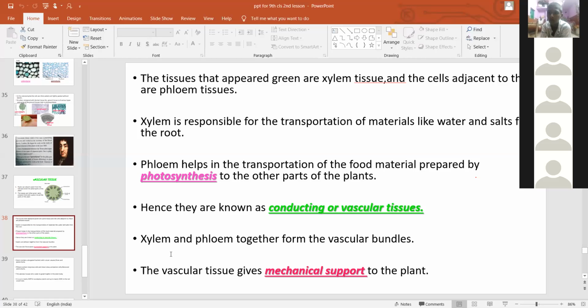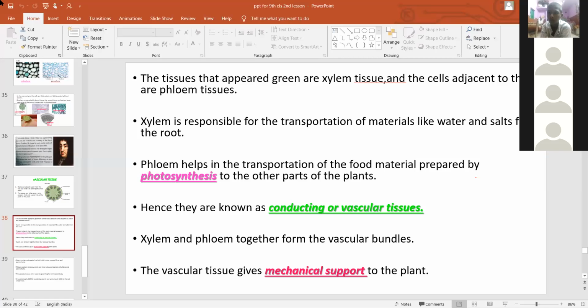Next is the phloem tissue. The phloem tissue is helpful for the transportation of food materials prepared by the process of photosynthesis. They are transported to the other parts of the plant body.